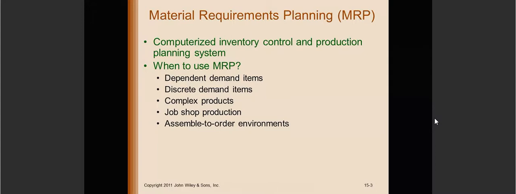Like we have discussed before about the dependent demand item, the dependent demand item has a direct impact from one item to a related item. This is very useful for the material requirement planning to ensure the inventory can be controlled more efficiently.